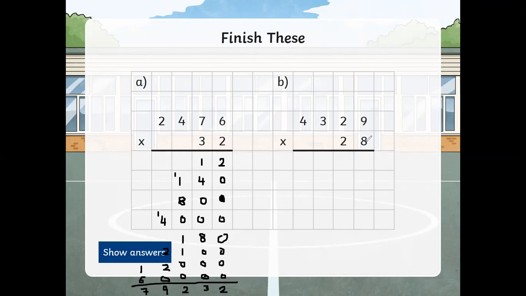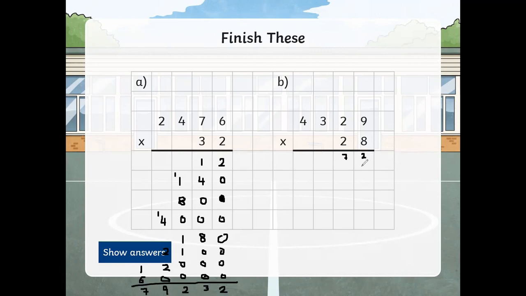Okay, so we start with the 8. 8 times 9, so that's 72. Then put our 0 in. I'm going to write this a bit more cramped actually, just up. So first one will be 72.